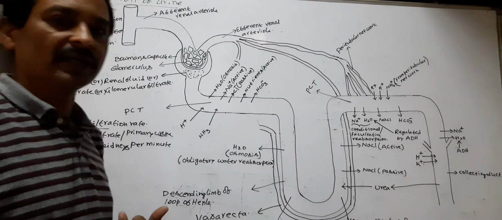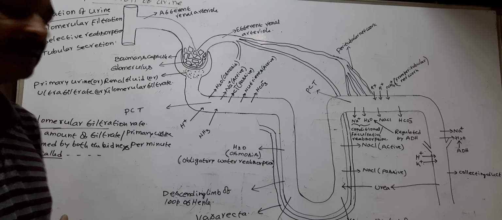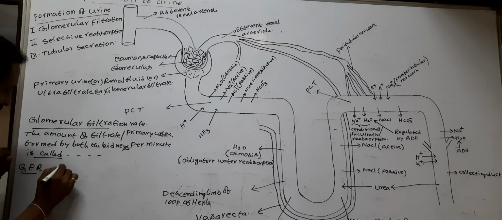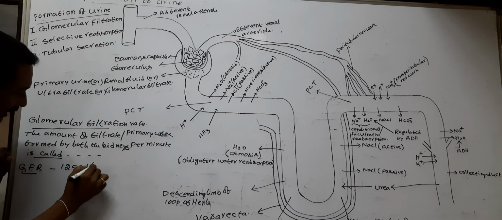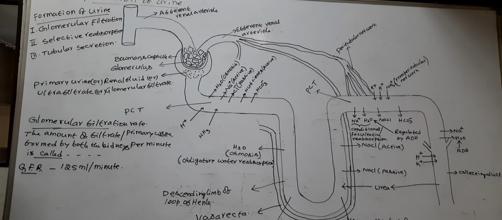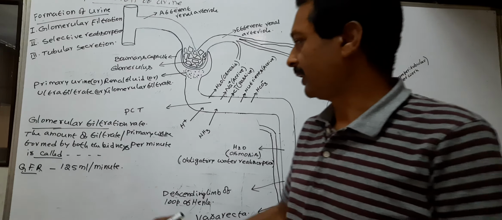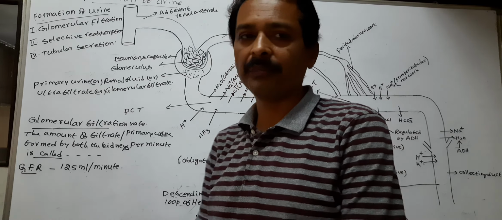The GFR in a healthy human being is 125 ml per minute.